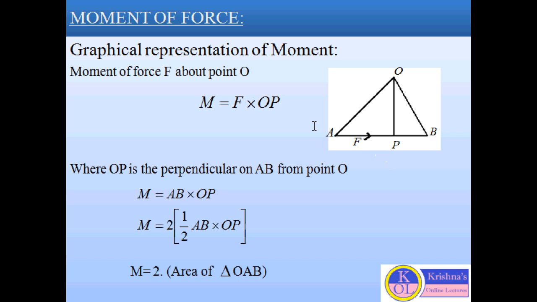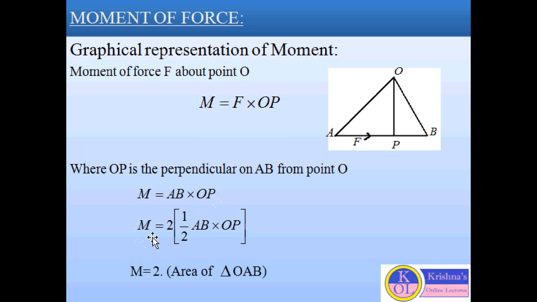According to that, the moment of force F about point O, if we denote moment by M, will be F into OP. F is the force and OP is the perpendicular on the line of action of the force. Here OP is the perpendicular on line AB from point O. So M equals AB into OP.